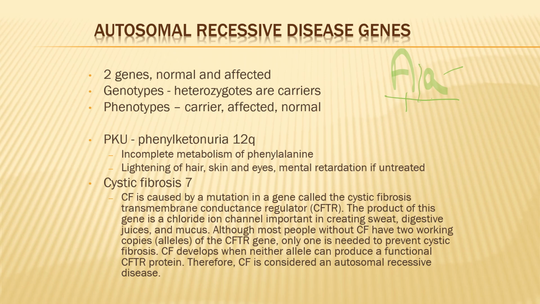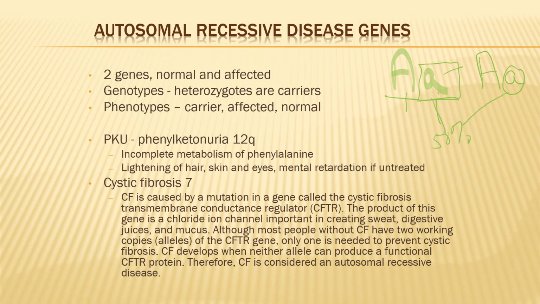However, because you are a carrier, that means you have a 50% chance of passing the affected gene onto your offspring. In order for offspring to have the disease, both of the parents would have to be carriers and get the affected gene from both parents.